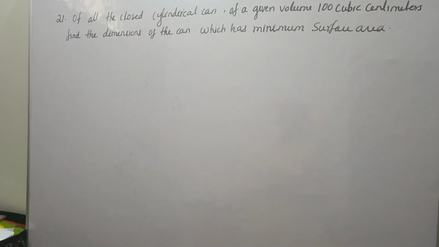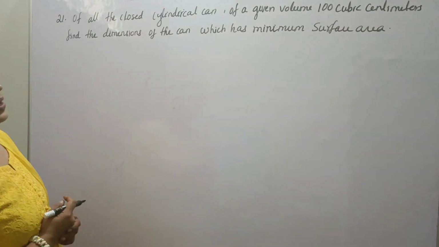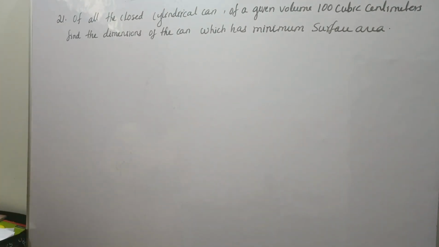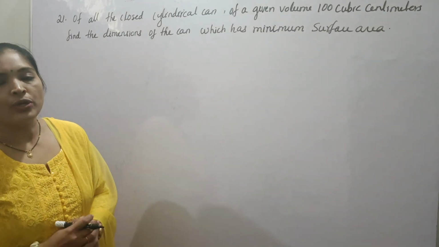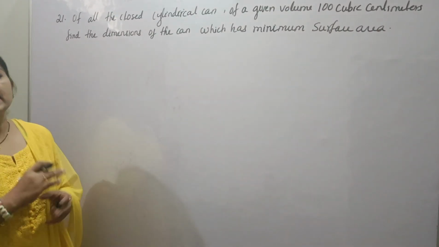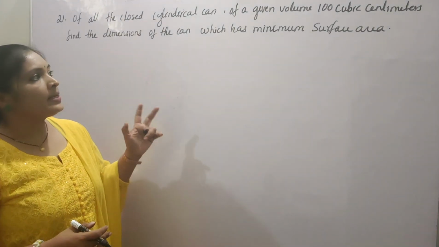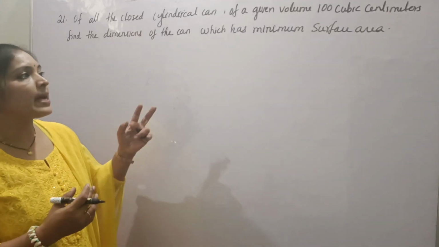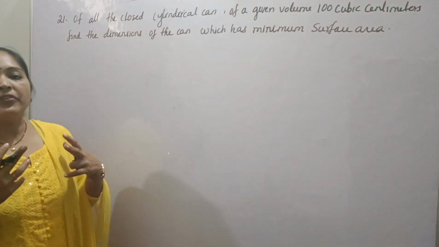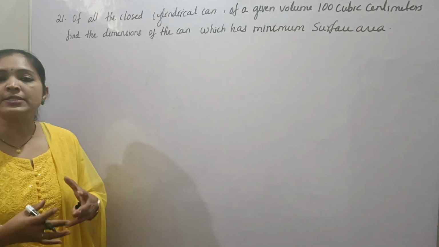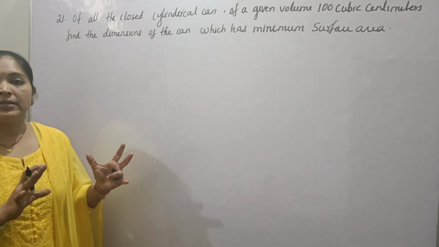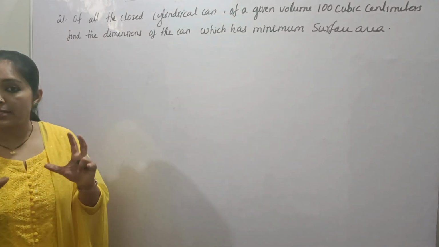Of all the closed cylindrical cans of a given volume 100 cubic centimeters, find the dimensions of the can which has minimum surface area. So here the can is in the shape of a cylinder, okay, a right circular cylinder, and its volume is given, that is 100 cubic centimeters, and we have to find the dimensions of the cylinder when the surface area is minimum.